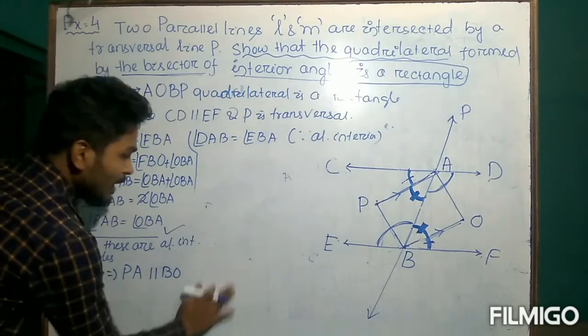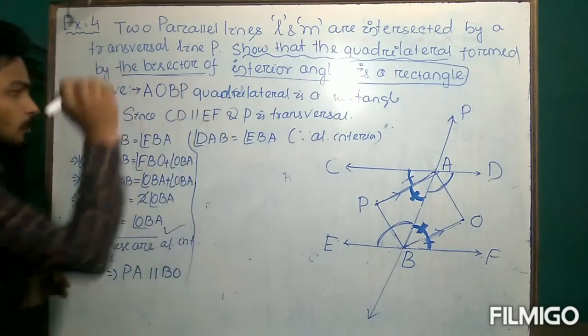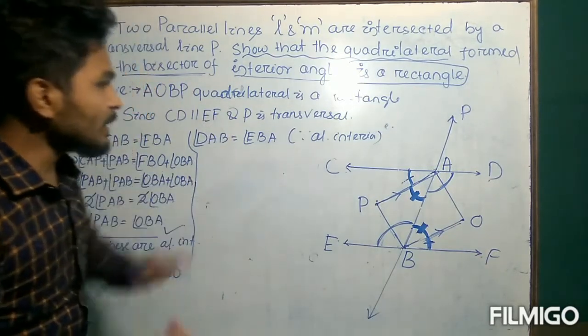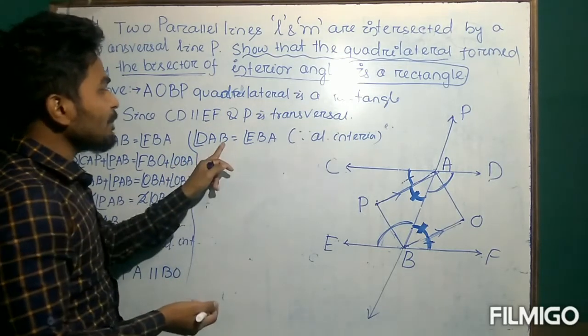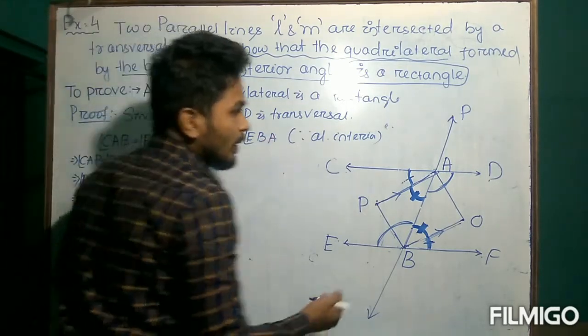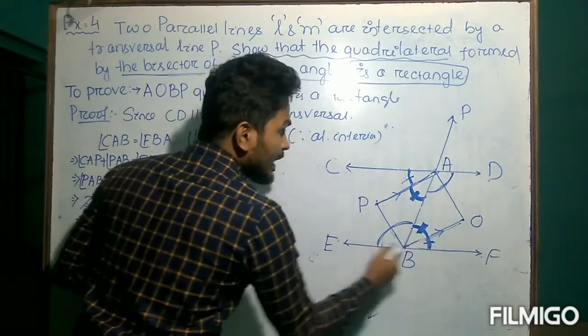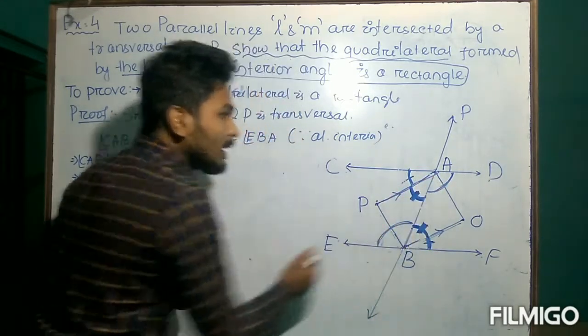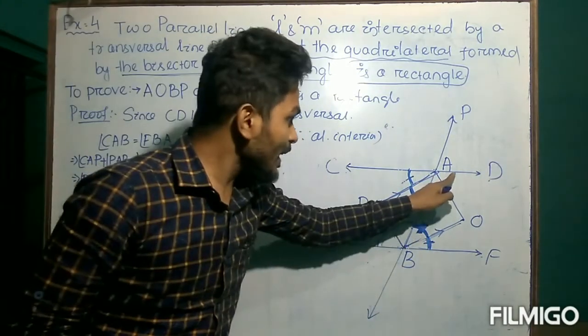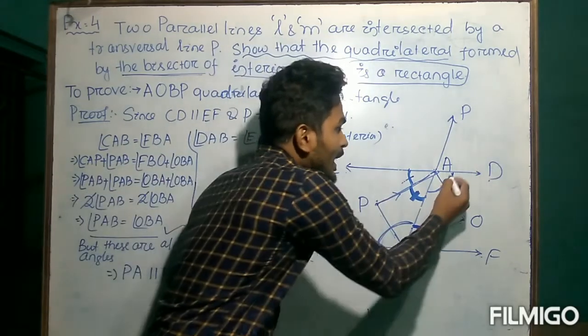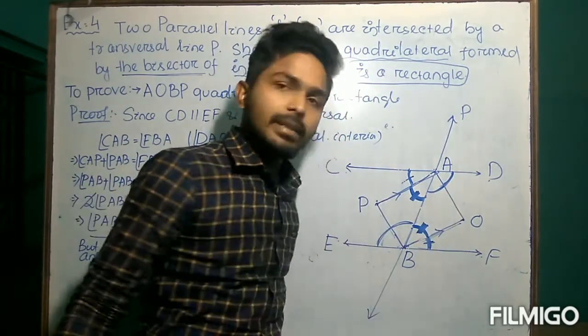Understood? Now, a similar procedure is followed here also. As we know, angle DAB is equal to angle EBA. DAB and EBA are equal because they are alternate interior angles. Now, in the place of DAB, can we write this angle plus this angle? Yes, we can write.